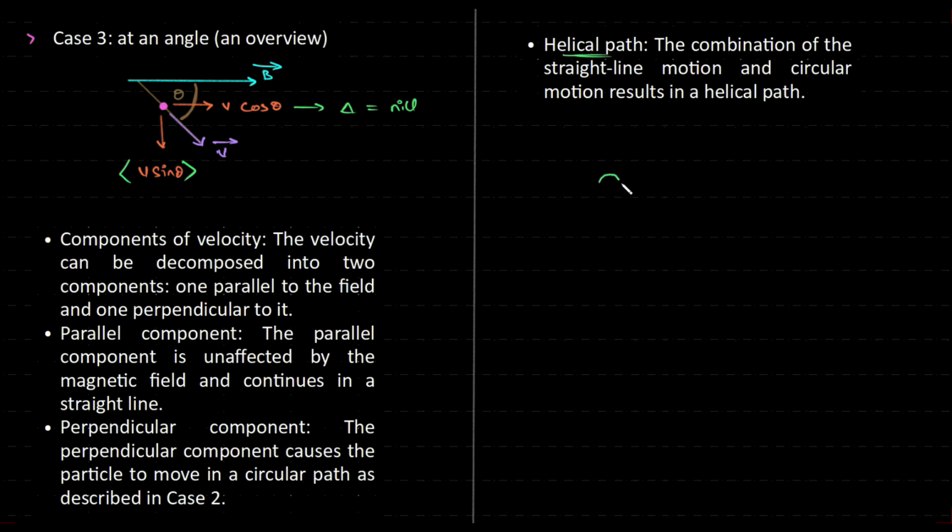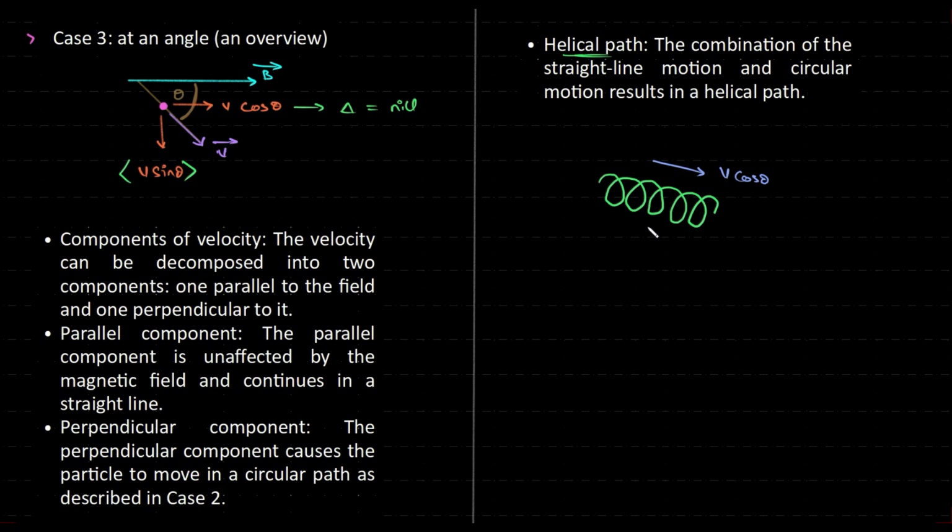The charge will move in this direction. That's your helical path. It will continue to move forward with V cos theta, but the magnetic field will make it go round and round.